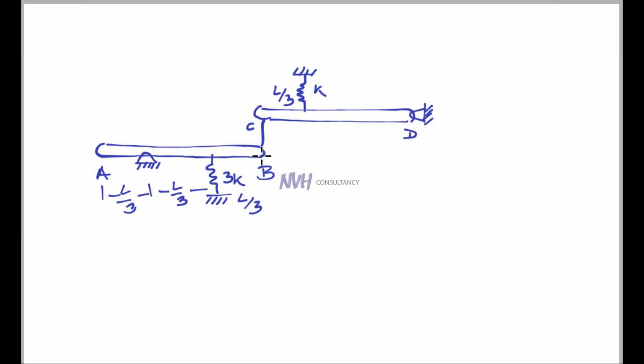So these are the different distances, 2L by 3. This is the configuration.